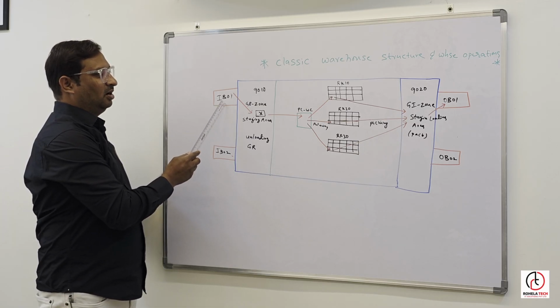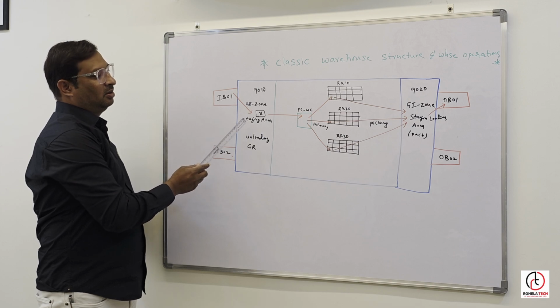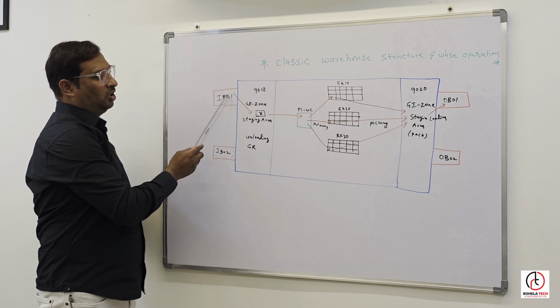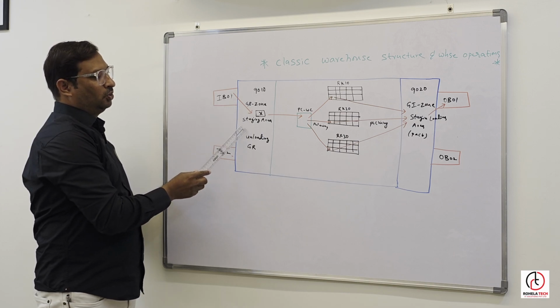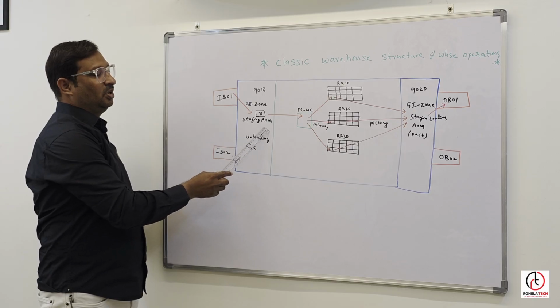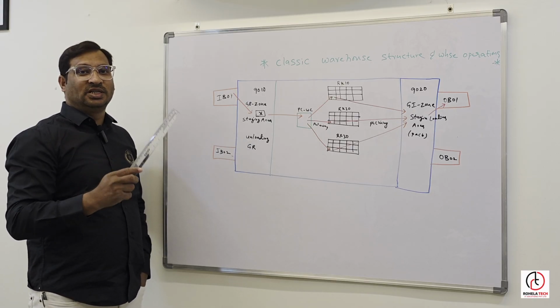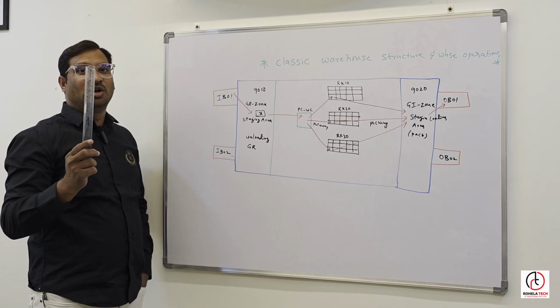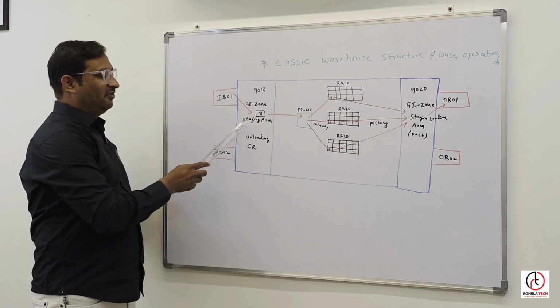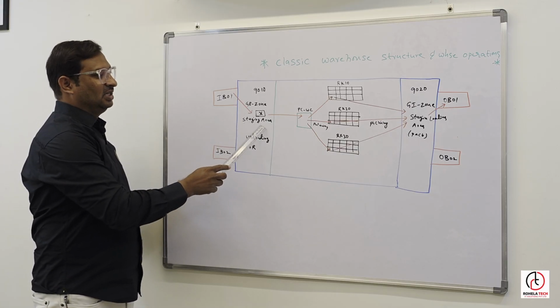Once the vehicle docks, the warehouse people are going to unload the material from the door to the staging area. Staging area means basically we do unloading, goods receipt, quality inspection, counting. These kinds of activities are taken care of in the staging area.